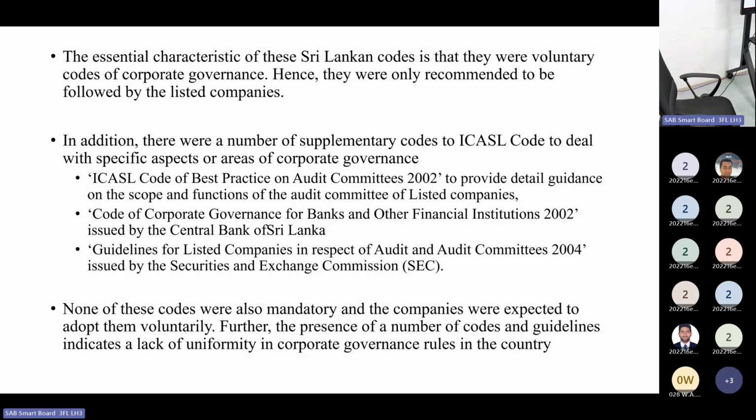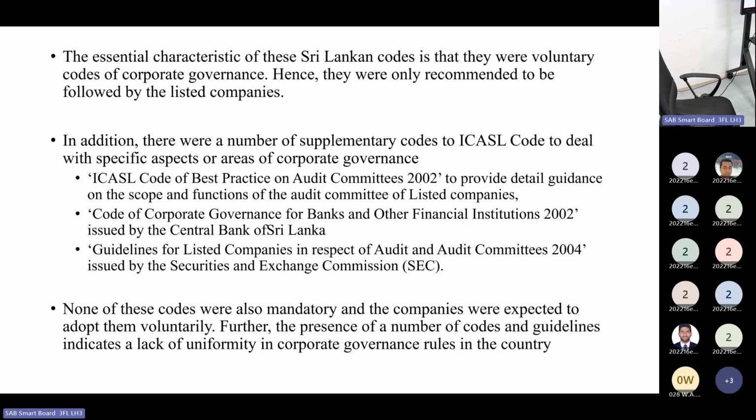Then the Central Bank issued its code, because the financial institutions were having a lot of issues and they wanted to make financial institution governance stronger. Therefore, they came up with these two. Many institutions are now making corporate governance codes, you see?